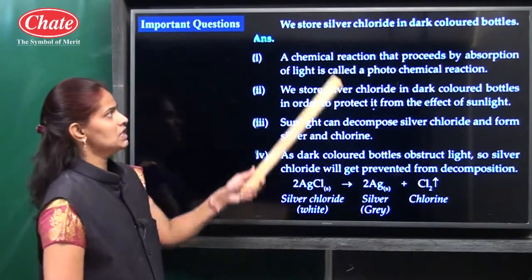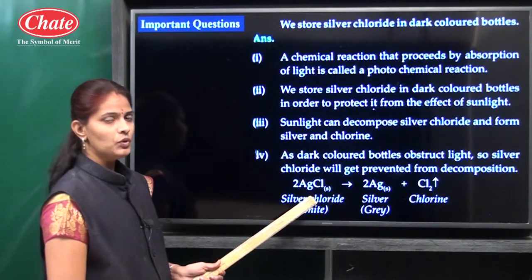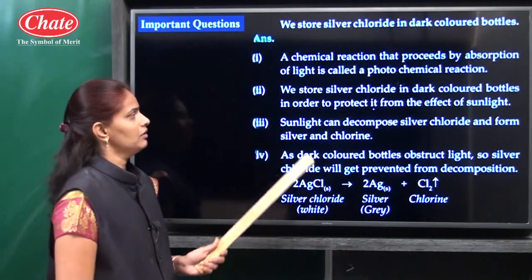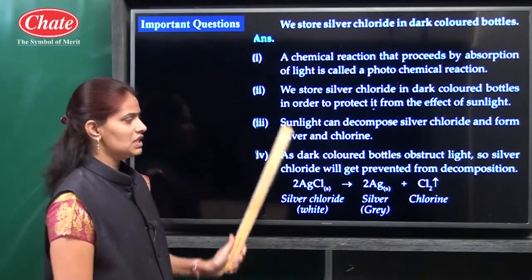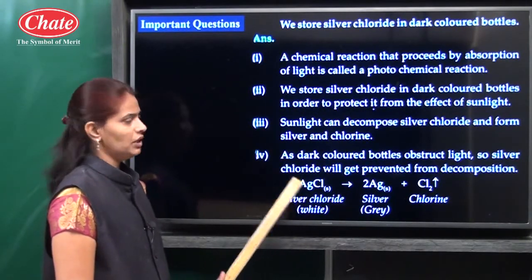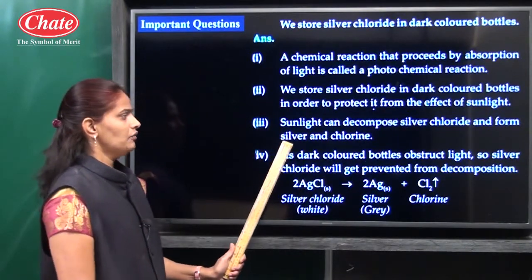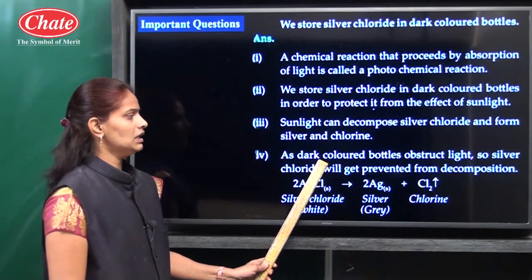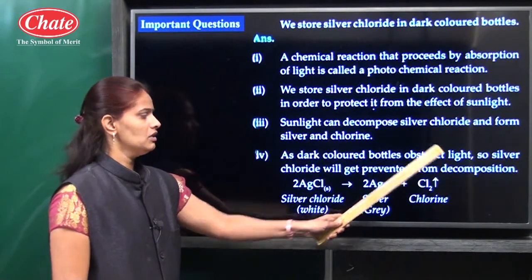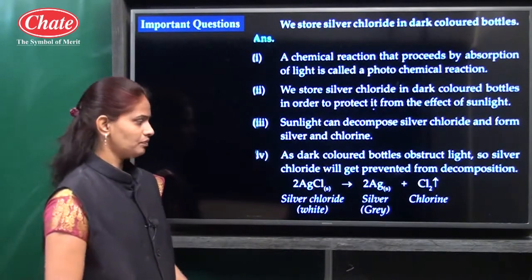It means this silver chloride decomposes by sunlight, and that is why it is stored in dark color bottles. It means it is a photochemical reaction. Sunlight can decompose silver chloride and form silver and chlorine separately. As dark color bottles obstruct light, silver chloride is prevented from decomposition.